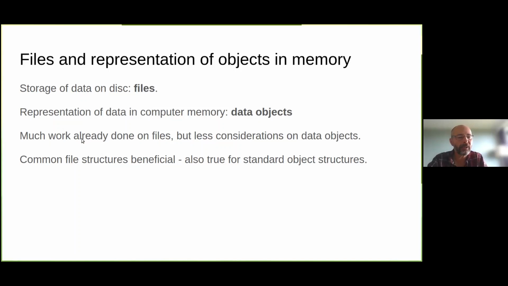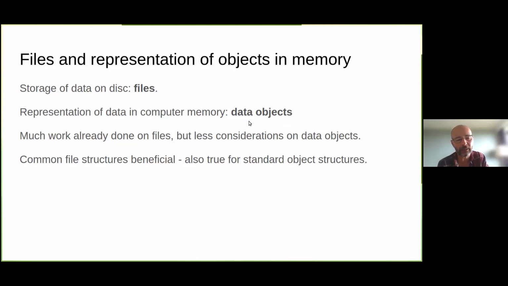And there's been a lot of work done on the files, on the formats and the conventions and so on, but there's been less consideration when it comes to data objects in memory. And this is where R is a bit unique. I don't think there are many other languages that can facilitate the attributes in the same way as R. I don't think MATLAB did when I left it.